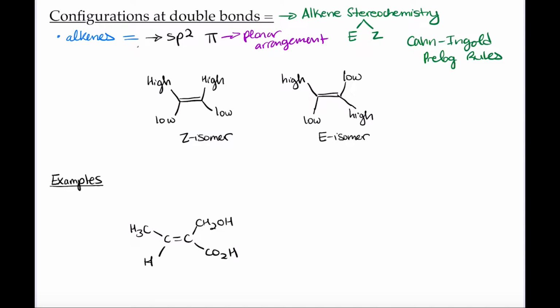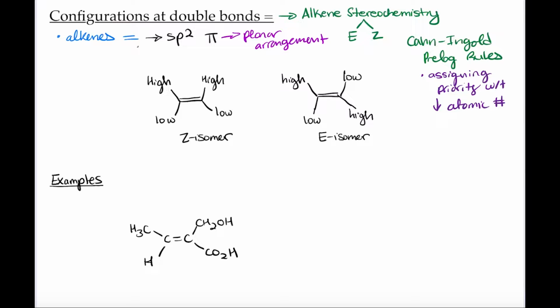So to give a little background on what the Cahn-Ingold-Prelog priority rules are, basically we're assigning priority. What's important with assigning E and Z with respect to these configurations at double bonds is that we want to look at the priority group. If you didn't know already, the Cahn-Ingold-Prelog rules have to do with assigning priority in order of decreasing atomic number.